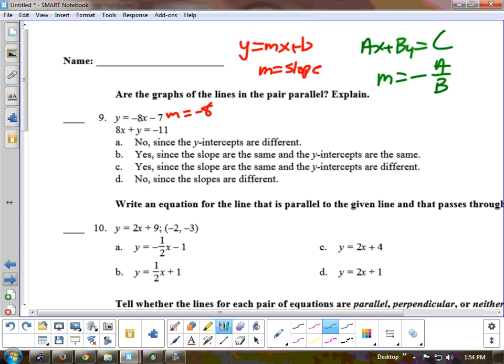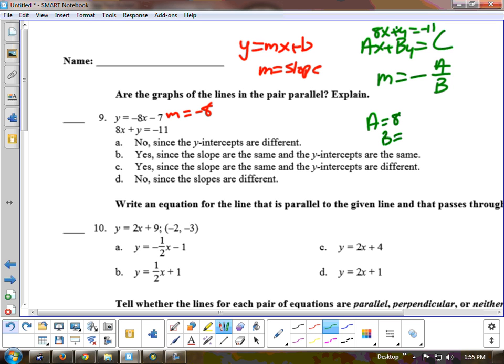In this one, if I look at 8x plus y equals negative 11 and compare it to my formula, a is 8, and my b value, well, there isn't a b value there, but there is.